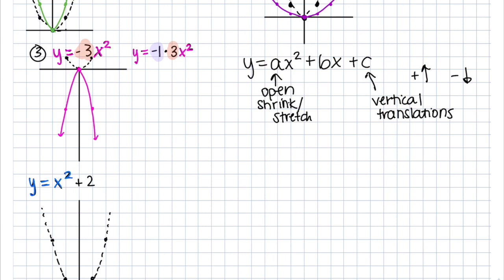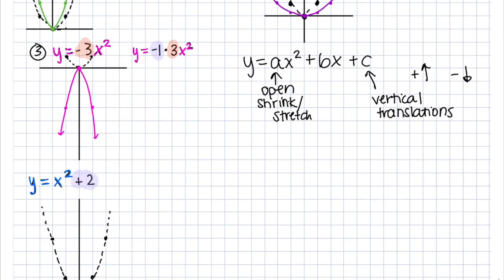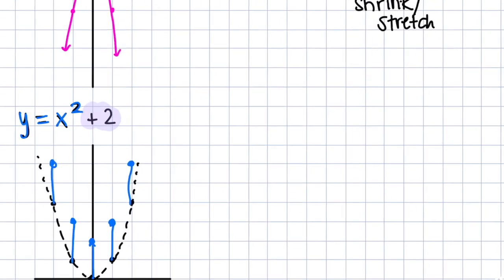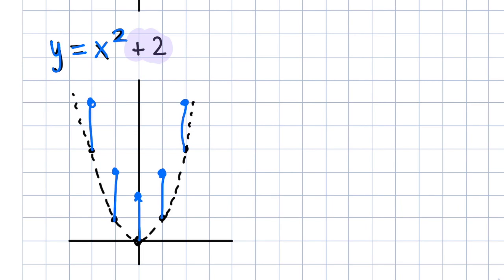So the additional thing that we're doing is we're moving every point up 2. So this point goes up 2. This point goes up 2. This point goes up 2. This one goes up 2. And this one goes up 2. Absolutely every single one of them is increasing by 2.